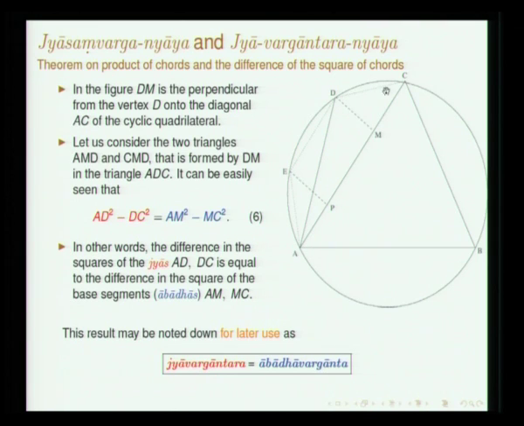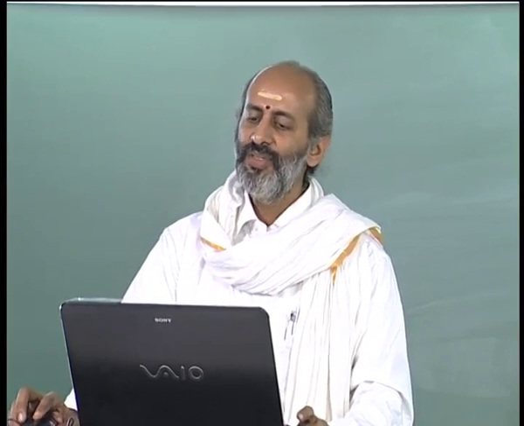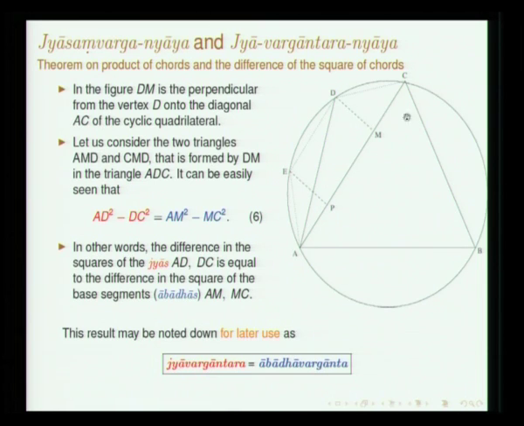AD and DC are two jyas, so full chords. AD square minus DC square is the jya vargantara. The difference in the vargas of the jyas is equal to the difference in the abadhas. This is one result which will be used in various applications.